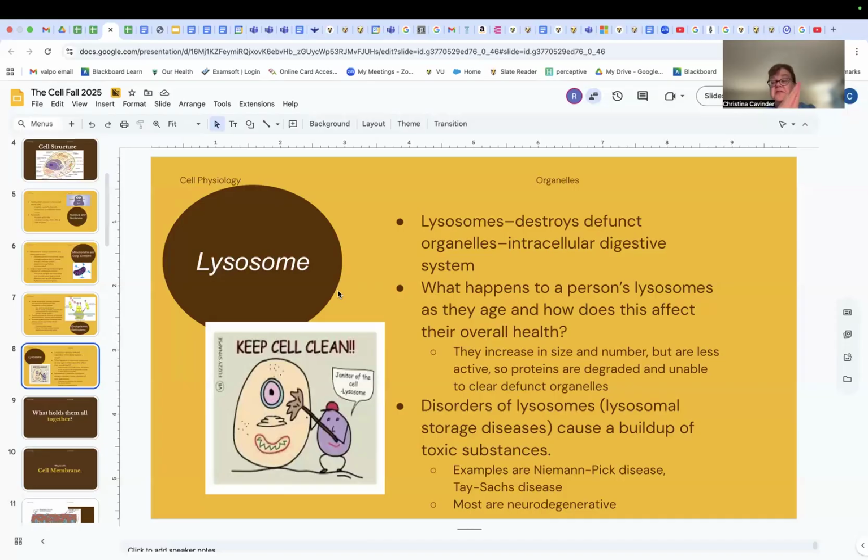The lysosome should have been removing that, but it's not really removing it, and the cells are not working properly. Disorders of lysosomes, called lysosomal storage diseases, can cause a buildup of toxic substances and can actually cause cellular death, hence death of the person if it gets really, really bad.